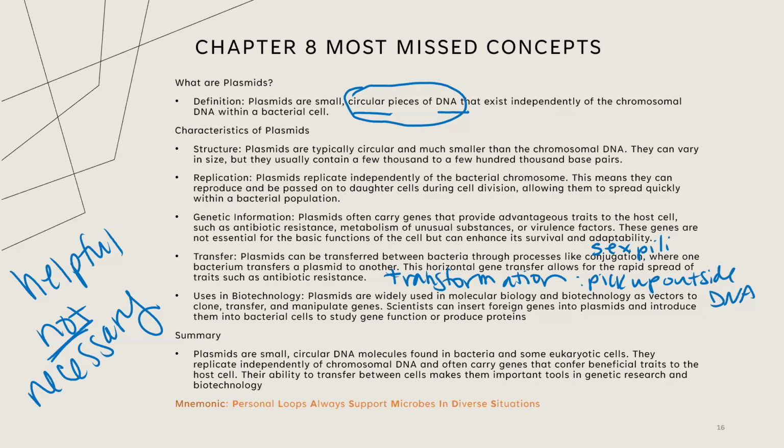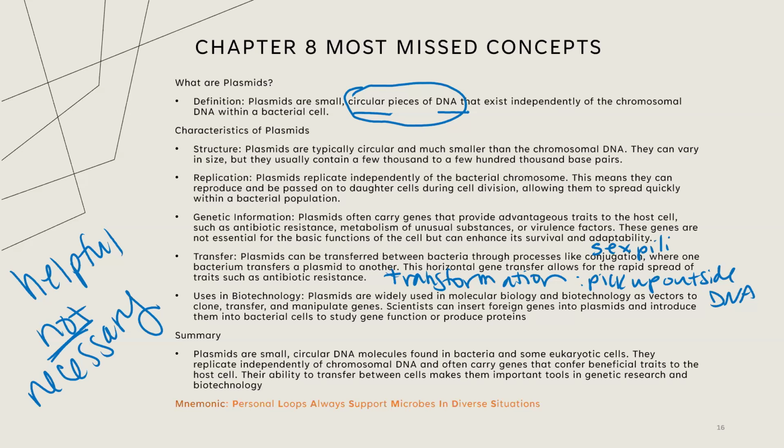Support: they will have benefits that can support the cell, but they are not necessary. They're found in bacteria. M is microbes. And I is important, I guess is what the I is trying to get at, they can transfer between cells.